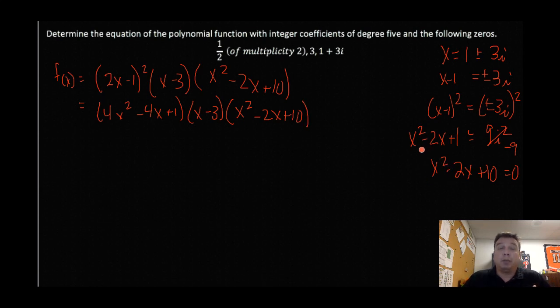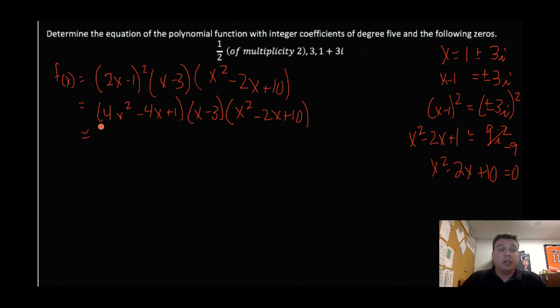So this is a lot of multiplication. The nice thing is you know how to do the process of multiplication, so I'm not necessarily going to do all of these pieces right here. You're going to take this and multiply those two.